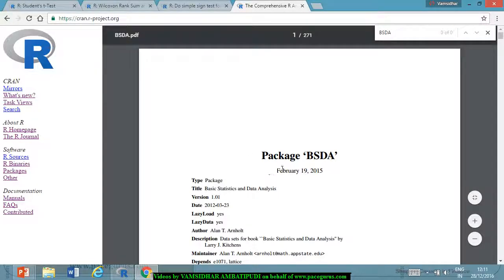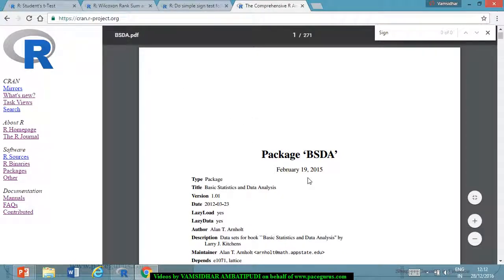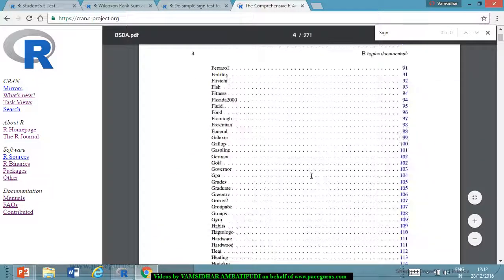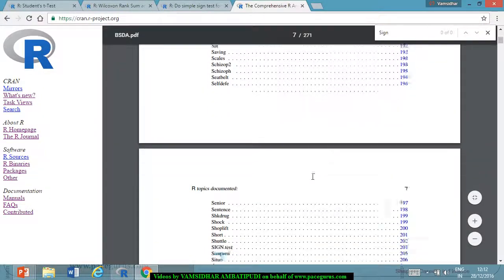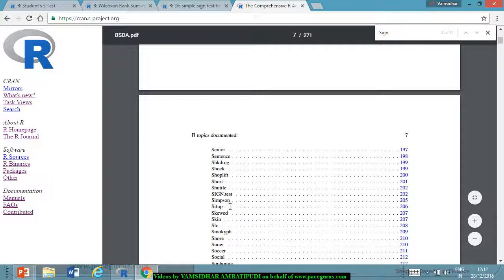Let me see what is there relating to sign. Oh, SIGN.test in caps. So let me come back.